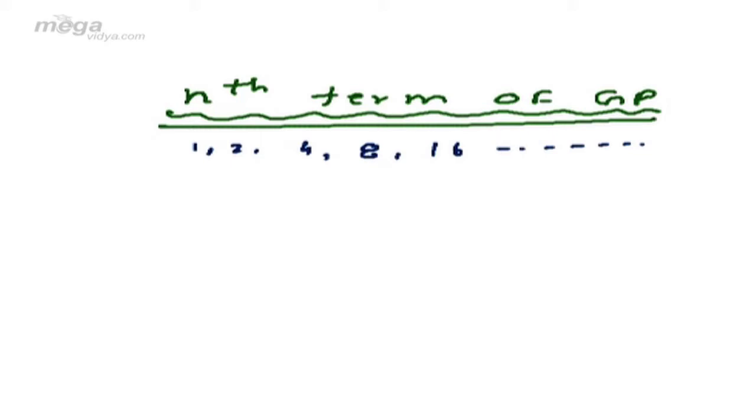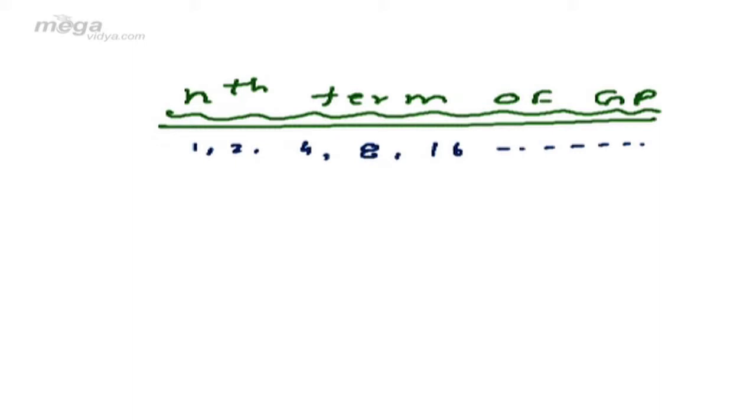Suppose you want to construct this progression. You already know that in this sequence the ratio is 2 and the first term is 1. If you multiply 2 with the first term, you get the second term. If you multiply 2 with the second term, you get the third term. If you multiply 2 with the third term, you get the fourth term and so on.